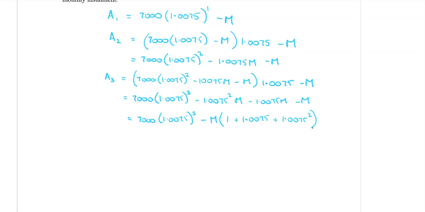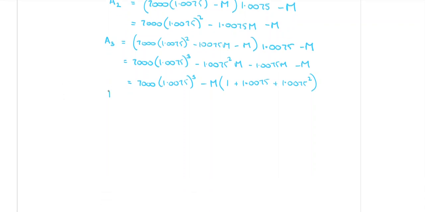We can now generalize this. That pattern is going to continue the whole way through until the end of this loan, which was 48 months. So A48. I could use this pattern that I've made to help me work out what my expression would be. This first part, that number there, is going to become a 48.